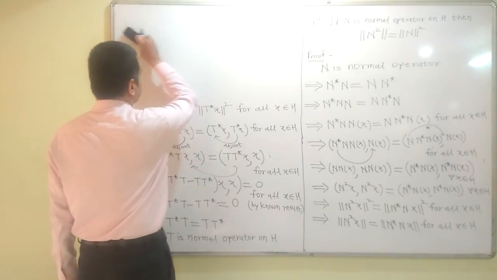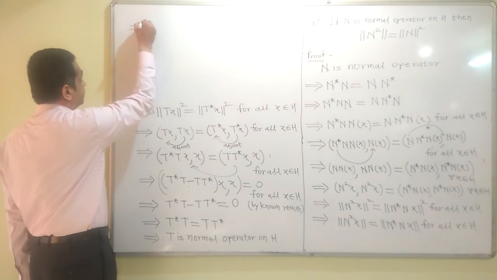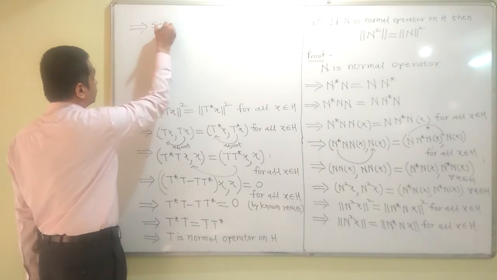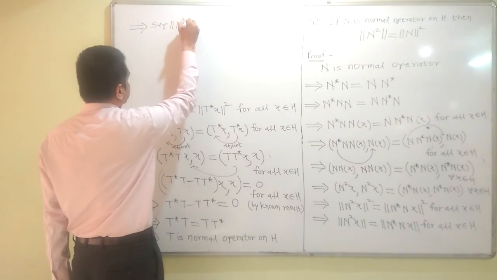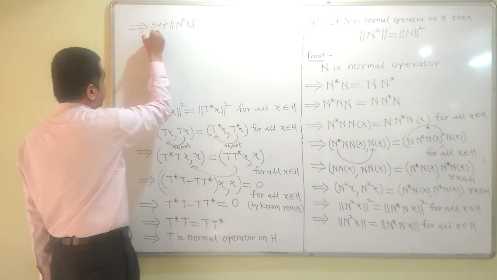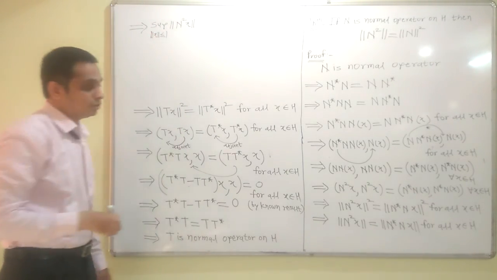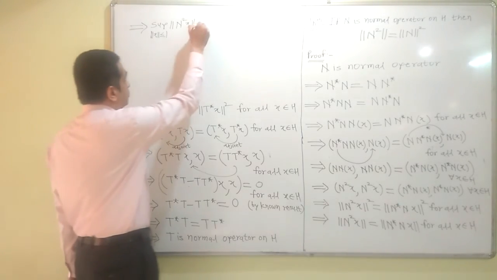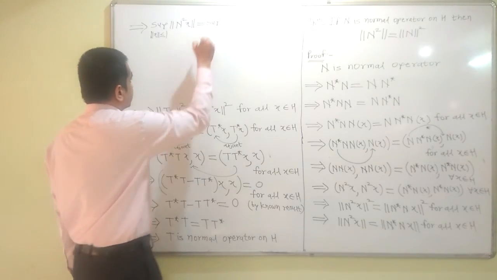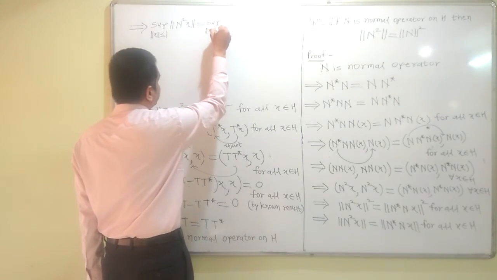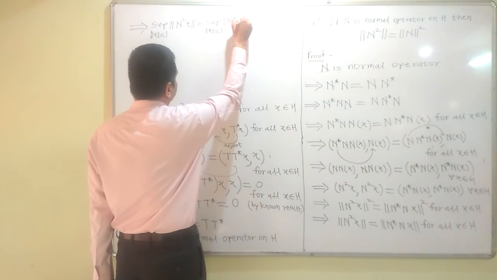If you take the supremum, what you will get is this: supremum of norm of N²x, where the supremum is taken over all vectors whose norm is less than or equal to 1, is equal to the supremum over all vectors whose norm is less than or equal to 1 of norm N*Nx.